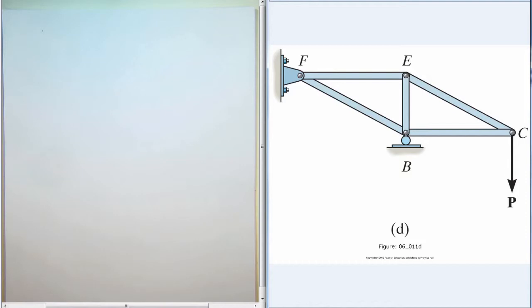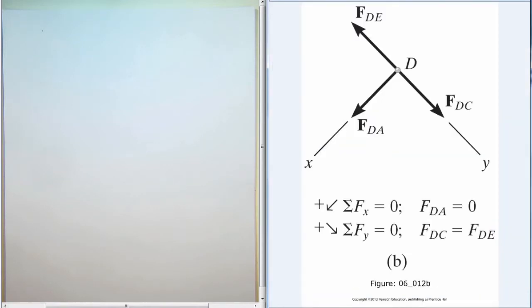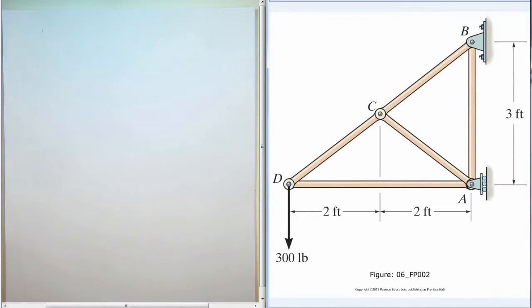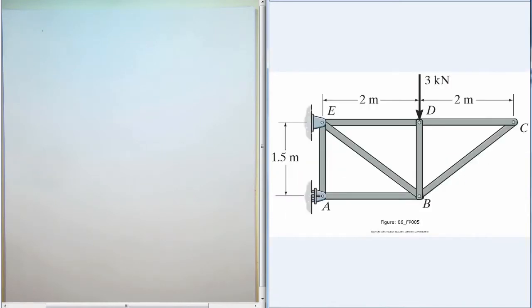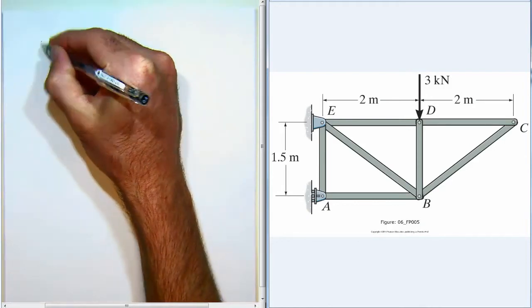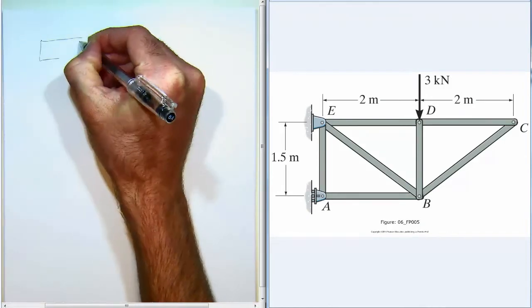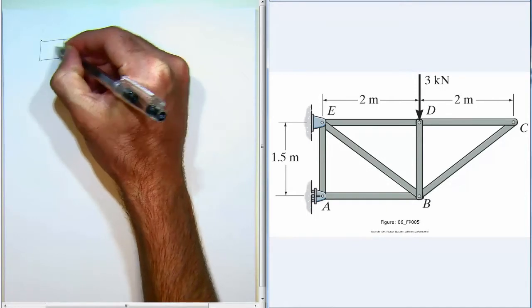So we will do now a couple of examples. Here we want to identify the zero force members in the truss. So I'll draw the free body diagram of the entire truss, showing all the members.